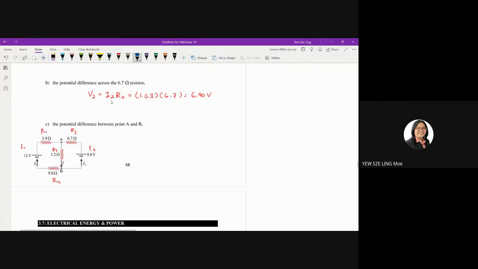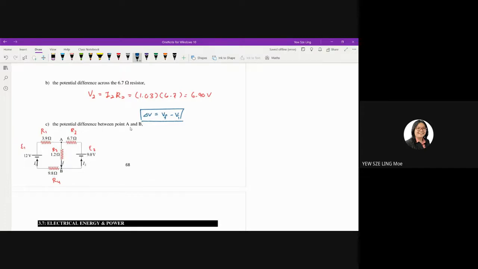But if the question gives you from A to B or from B to A, then you have to be extra careful, because delta V is always equal to V final minus V initial. But if the question didn't mention anything, it just says between A and B, then it is up to you whether you want to take A as initial or A as final. It doesn't matter.